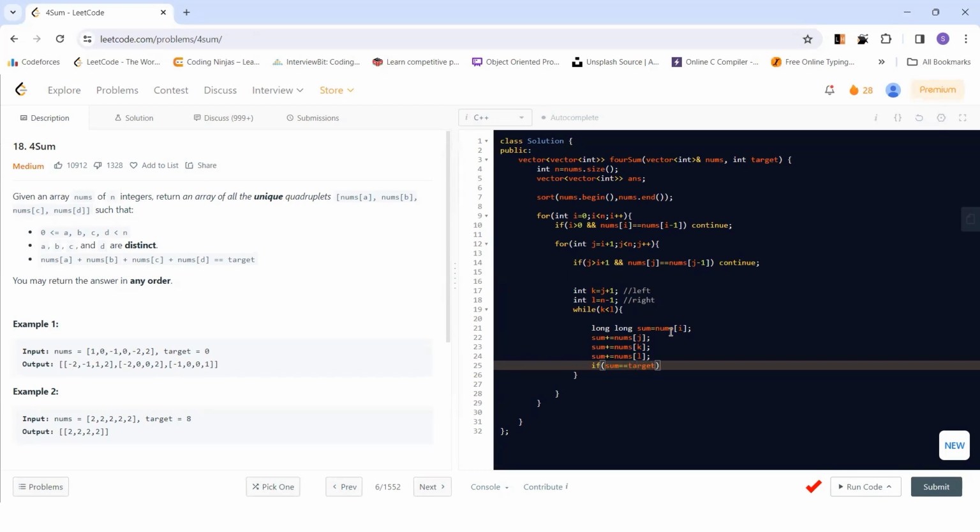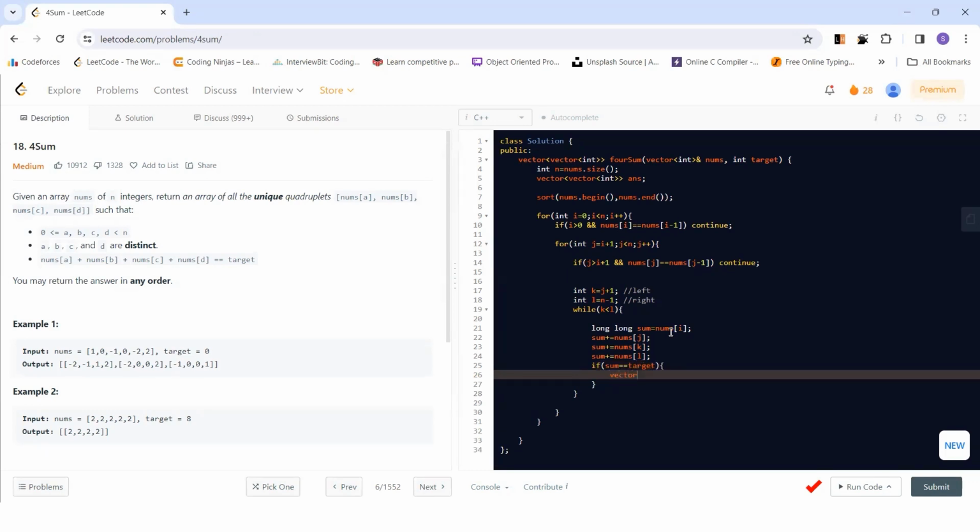If this condition holds true, then we need to have a vector temp in which we are going to store all the quads, nums of i, nums of j, nums of k, and nums of l, right?